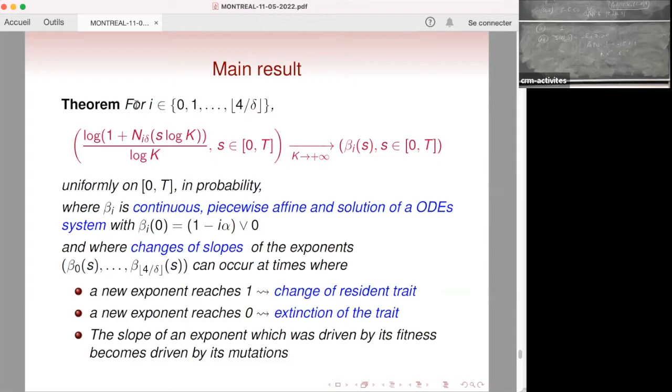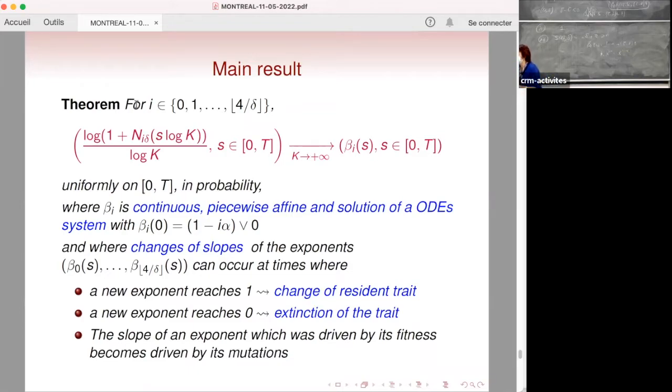So what can be hard is that you can have a situation where you have a resident population which is not dominant, in the sense that the population size is not of the order k to the 1. So you also have to play with such populations, which are then killed by competition because the competition is of order k.